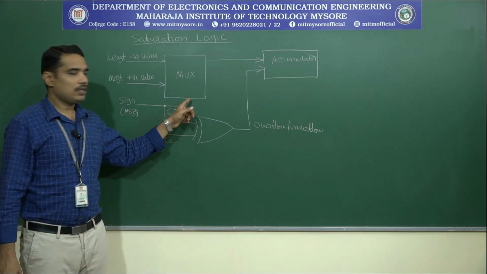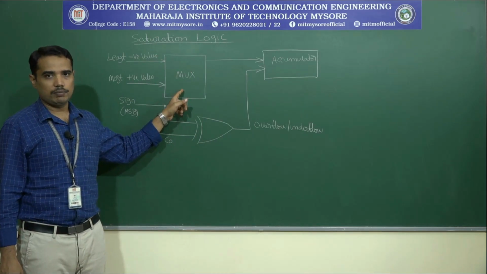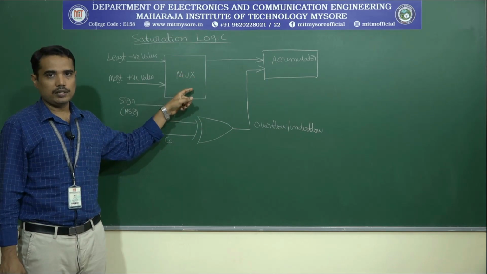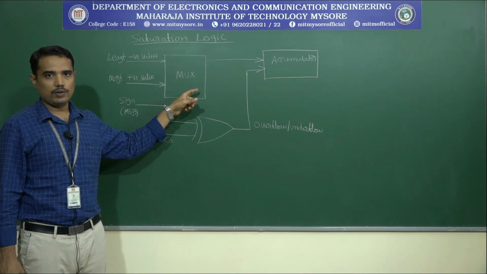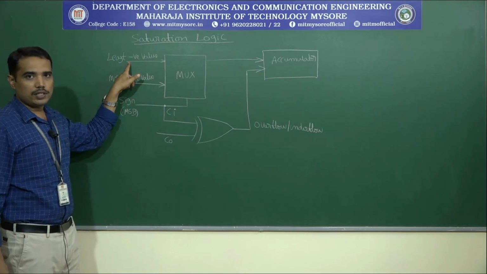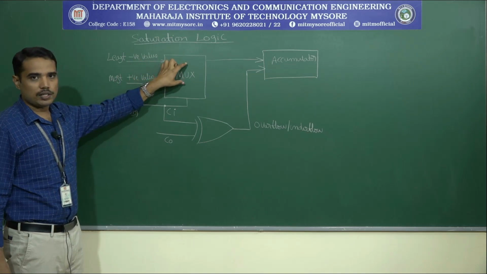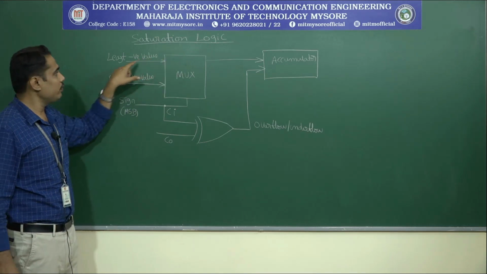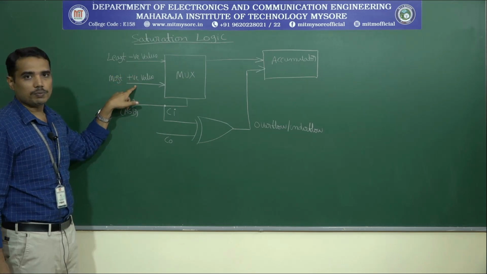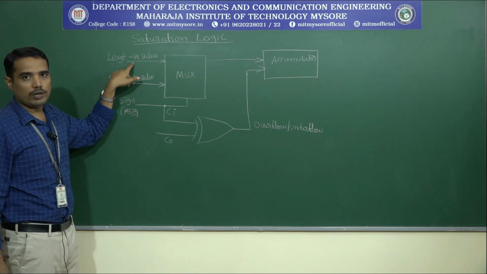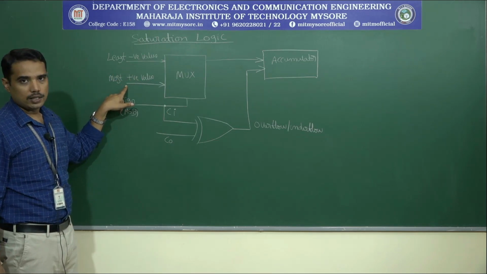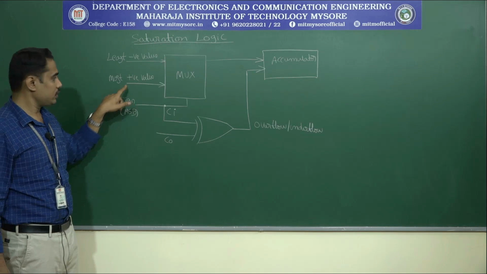This is the block diagram of how the saturation logic is implemented. Now let us try to understand how this block works in detecting the overflow and underflow condition. Here, as I said before, we have to fix the accumulator value with respect to the mux by fixing the least negative value and the most positive value. Least negative value while handling negative numbers and most positive value while handling positive numbers.